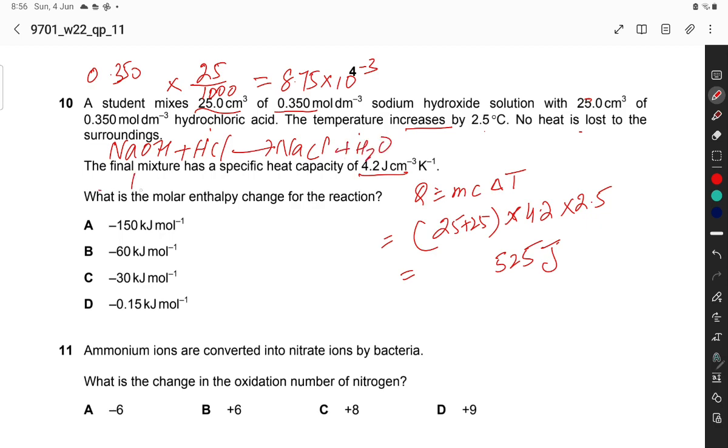So there is 1:1 ratio. So both have same moles. Divided by 1000 to convert kilojoule. 525 divided by 1000 is equal to 0.525.